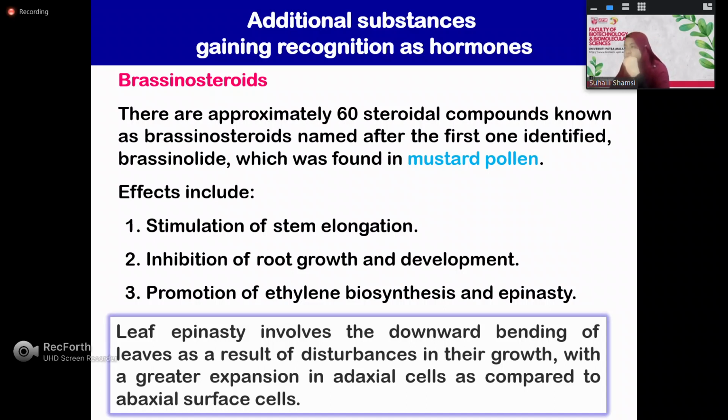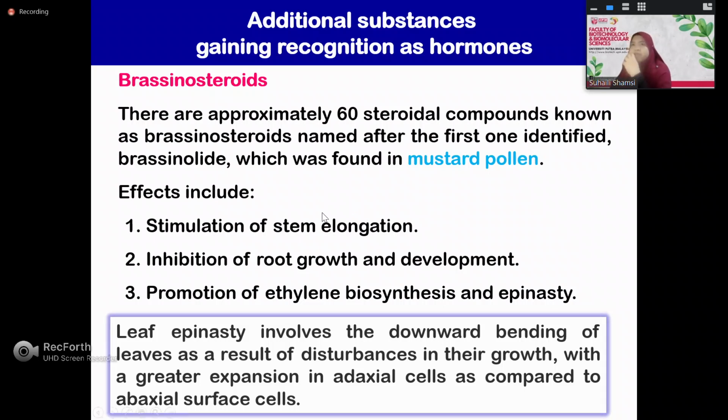It stimulates stem elongation, it inhibits root growth and development, and promotes ethylene biosynthesis and epinasty. The most distinct function of brassinosteroid is what we call epinasty. We don't find it in auxin, gibberellic acid, ethylene, or cytokinin, right?